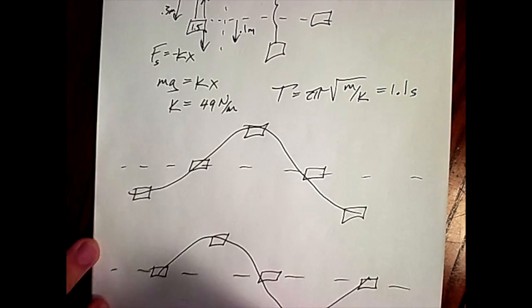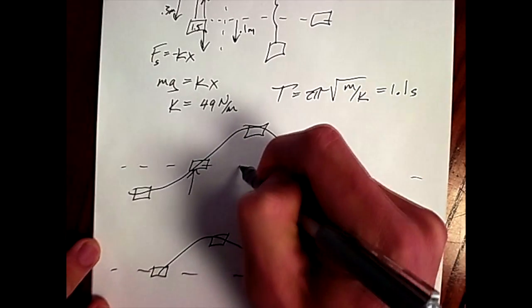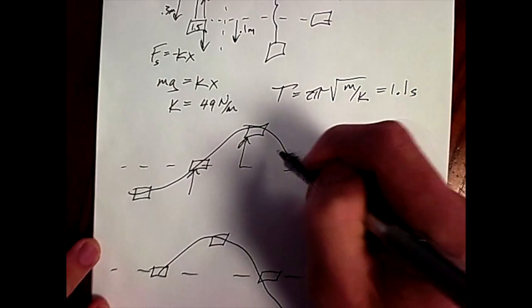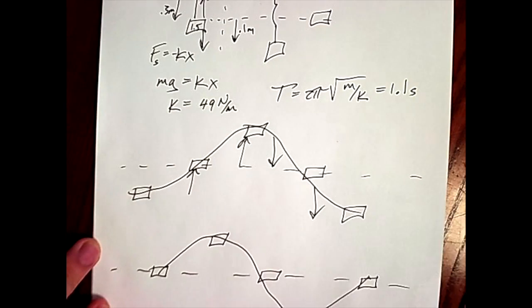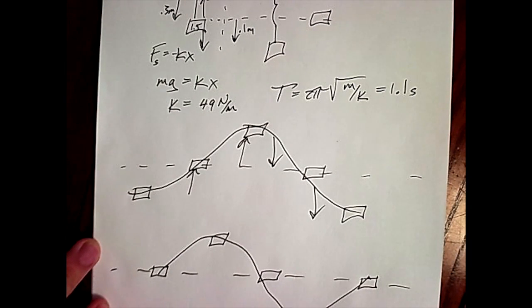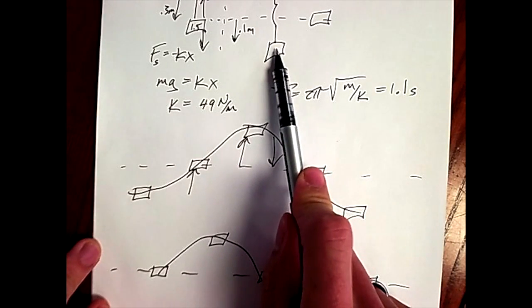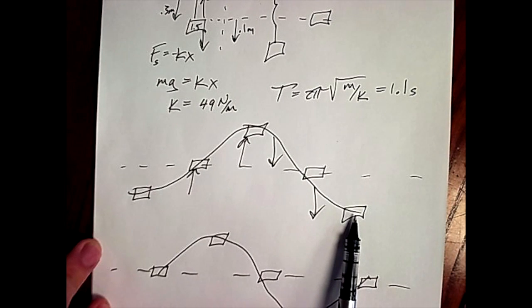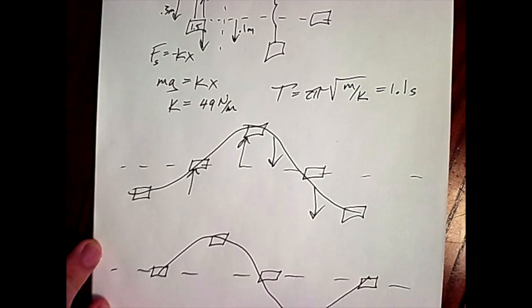And so to go back to the question, to move from here to the equilibrium position is simply 1/4 of an overall cycle, because there's 4 sections.